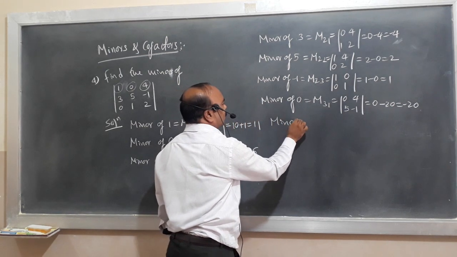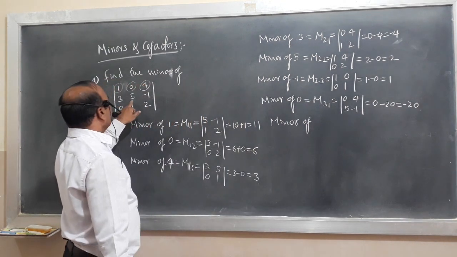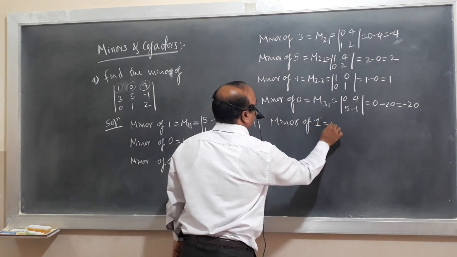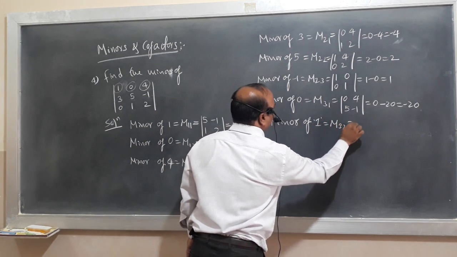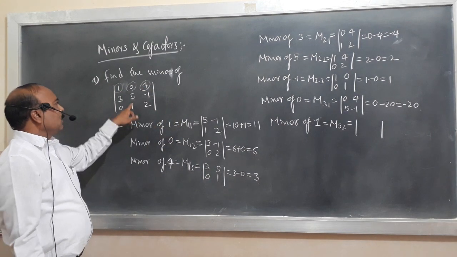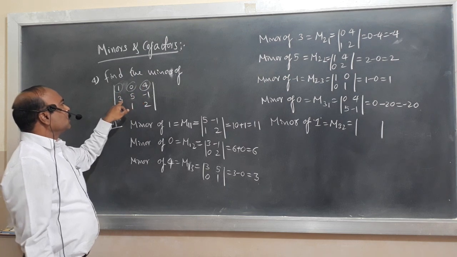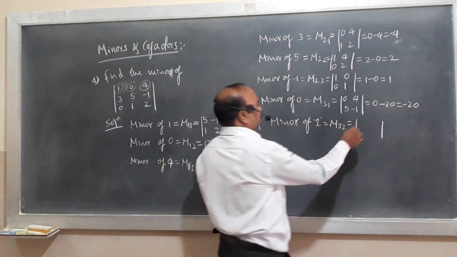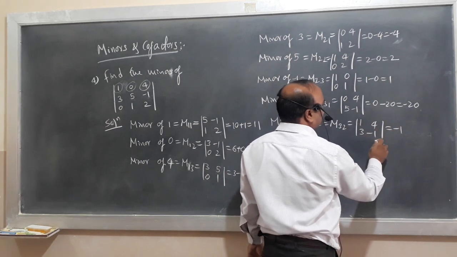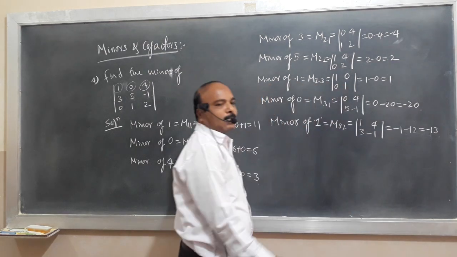Next, minor of the next element, which is 1, equal to M32. For M32, we delete this column and this row, we get 1, 4, 3, minus 1. So the answer is minus 1, minus 12, minus 13.